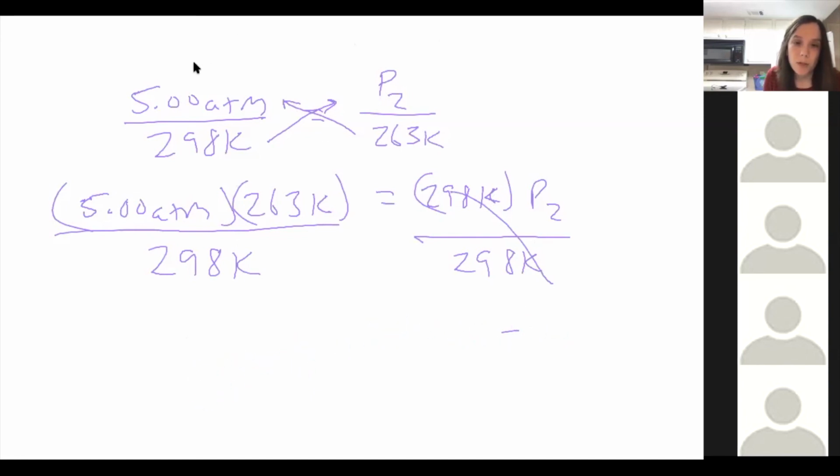So we can see with the units that Kelvin cancels out. We just have atmospheres left. So whatever pressure unit we had to begin with will end with the same pressure unit, so we don't need to convert between pressure units. We just need to keep it the same unit on both sides. So after we divide and multiply, we would get 4.41 atmospheres.